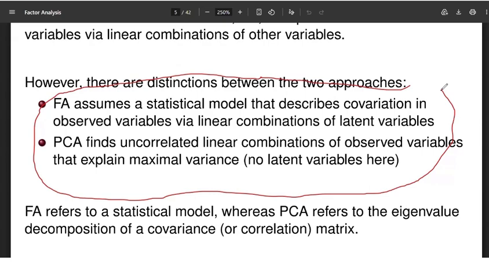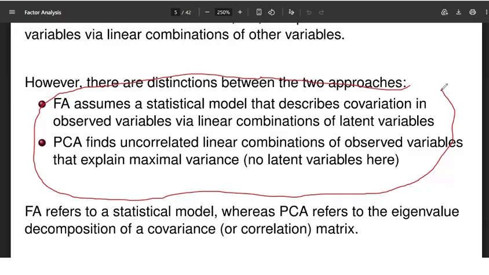I'm going to say that again. The model involved will enable us to see how each observed variable is related to the underlying hidden factor. But in principal component analysis, we do not have a statistical model.